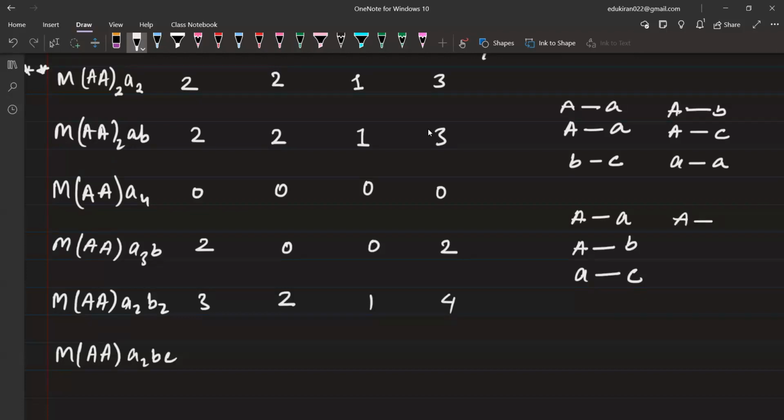Opposite to A we can have C, and then opposite to A we can have B. I think there are no other cases which are possible for this particular case. If you look at the opposite structure, then you can find only these 4 isomers which are possible geometric isomers.